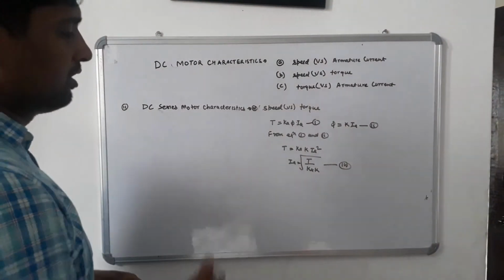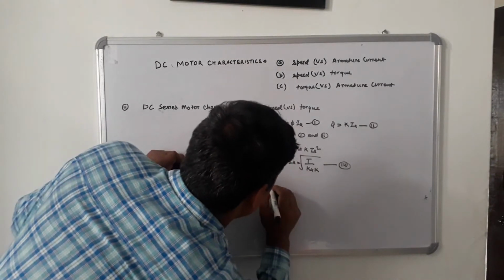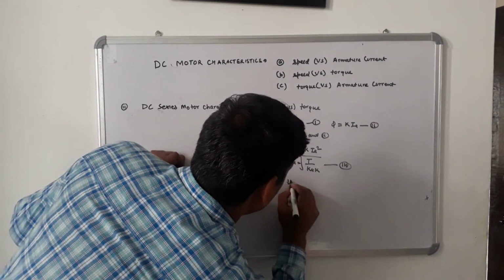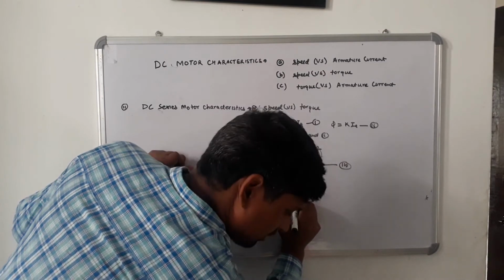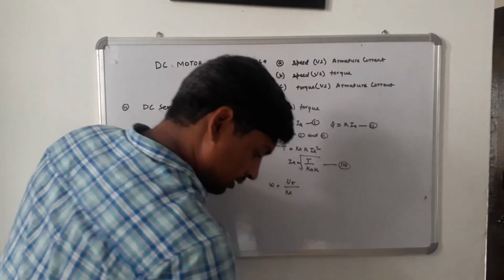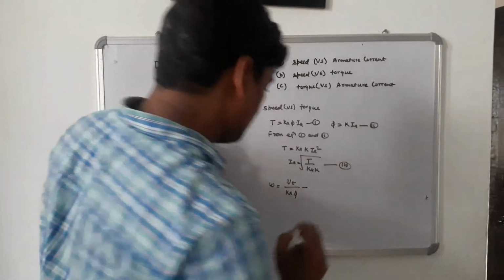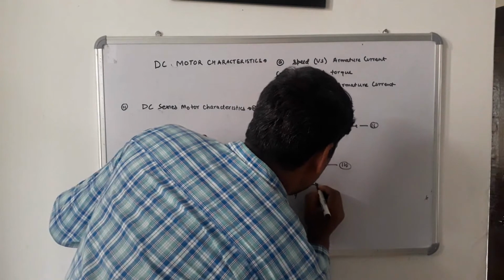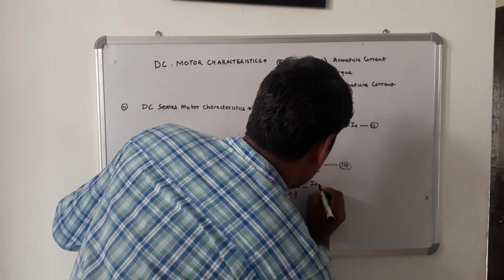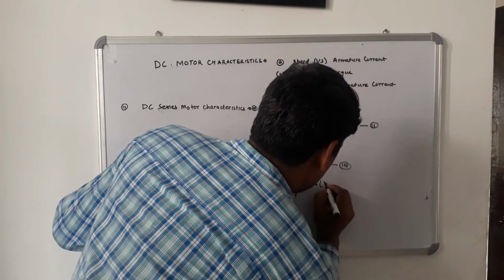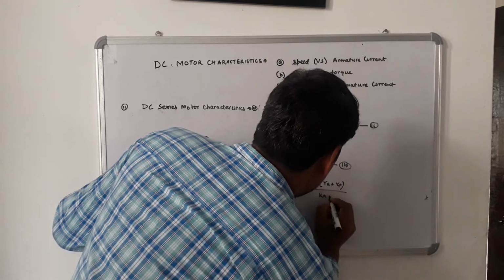In the previous derivation, we have already derived omega is equal to Vt divided by Ka phi minus Ia (Ra plus Rf) divided by Ka phi.